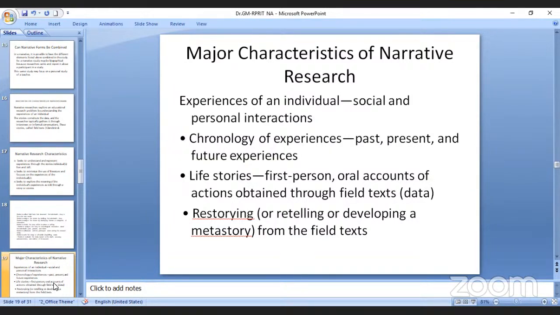You can collect the text from the field, then restore or retell the particular story or develop a meta story. You can create your own story.